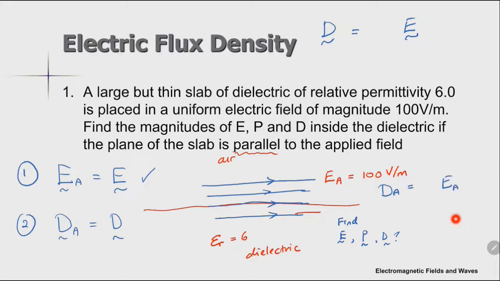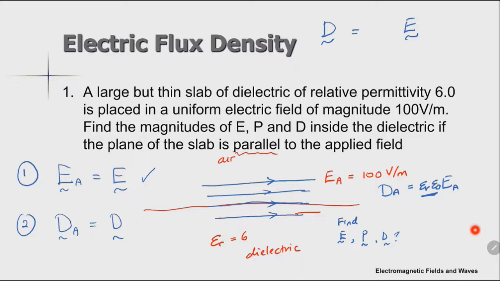What's the relationship? D equals epsilon R epsilon naught E. What is epsilon R?